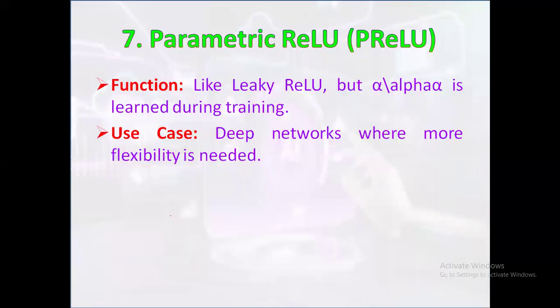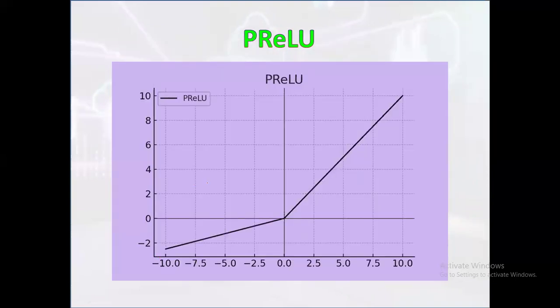Next, parametric ReLU. It builds on leaky ReLU by making the slope for negative inputs a learned parameter rather than a fixed constant. In the graph, it means that in the negative region, the slope can adjust based on training data.